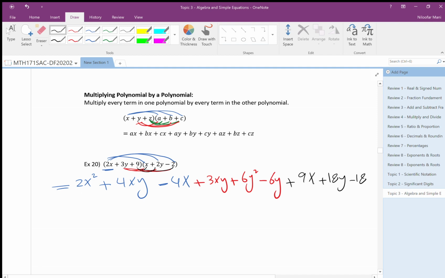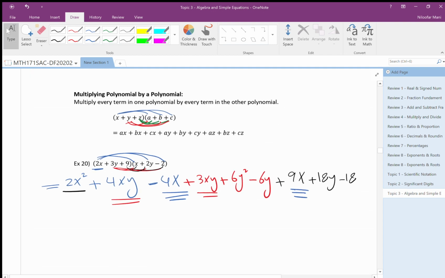Okay, so now I collect them. This one I have x and x here.